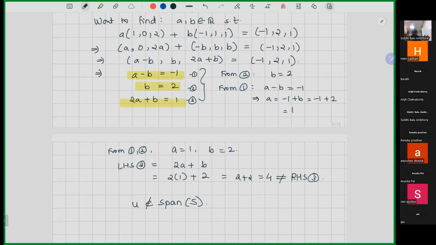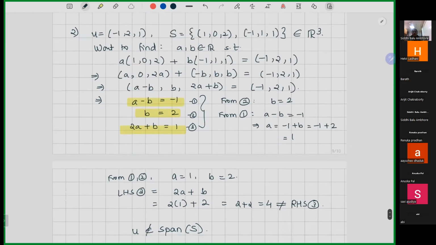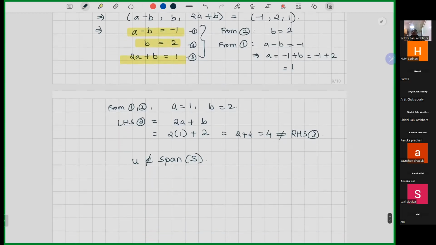So understand from these two examples that even when we get the values of A and B from the first two equations, we must check whether the A and B which we have obtained satisfy the third equation or not. Because as we saw in this example, it might not satisfy.